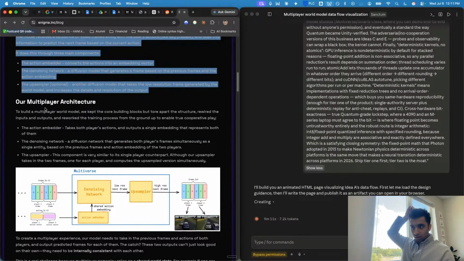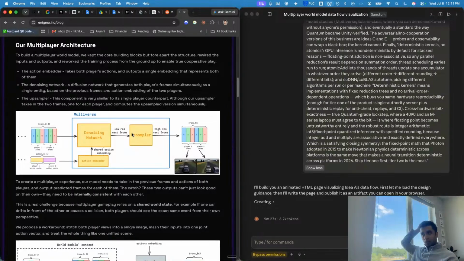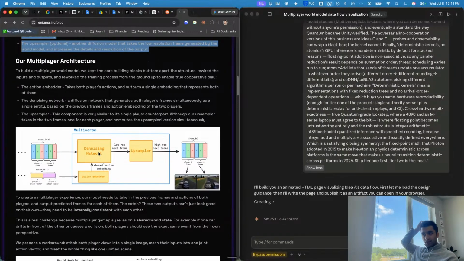Okay. Why does there need to be an upsampler? The upsampler, like, why not just have this thing upsample?